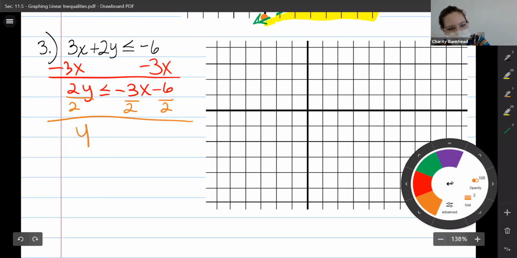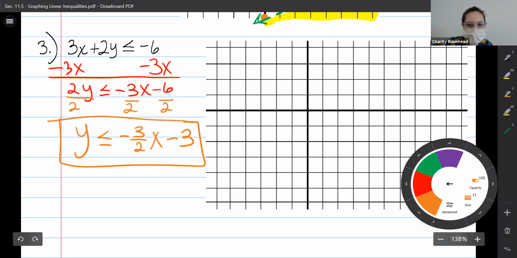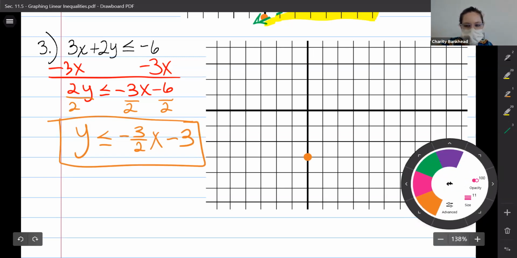So that's going to give me y is less than or equal to -3/2 x minus 3. So then I can see that my y-intercept is -3, and my slope is -3/2. So it means I have to go from that point down 3/2.